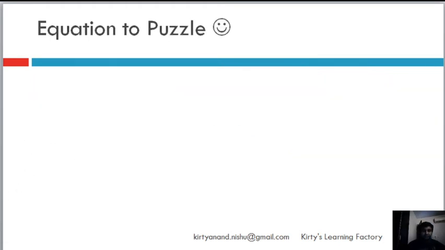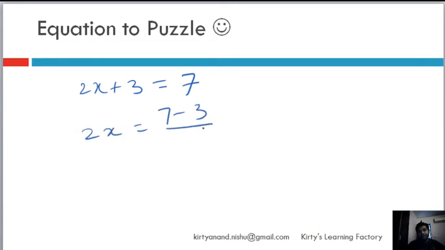Now sometimes what will happen is that you will have an equation and you can also convert it into a puzzle. So let's say I have an equation which says 2x plus 3 equal to 7, right? So I can write x as (7 minus 3) by 2.